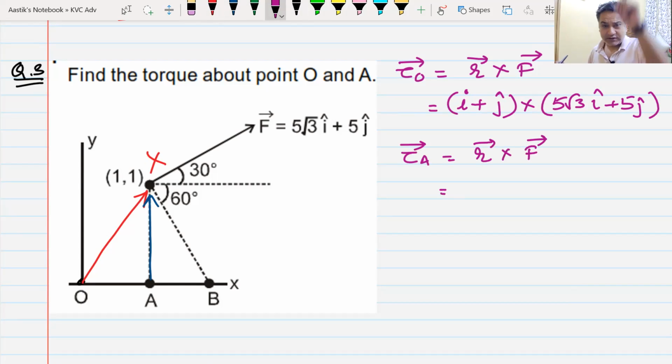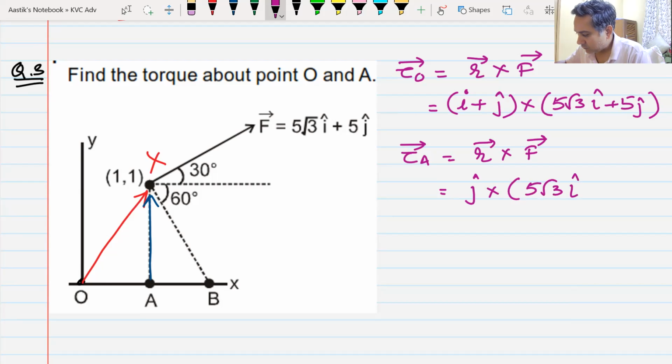And this R vector is simply J cross 5 root 3 I plus 5J. You can do the cross product, yes or no? So the answer is not going to come the same. Do we understand this? Yes or no?